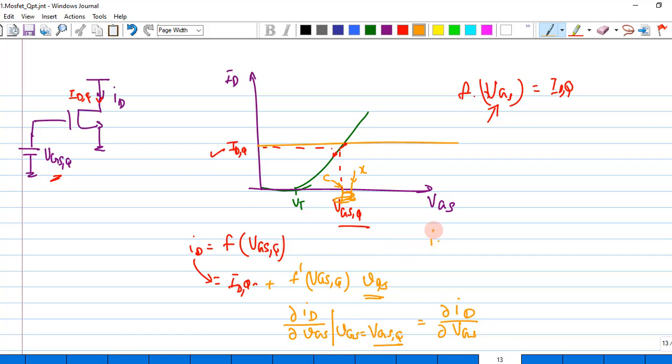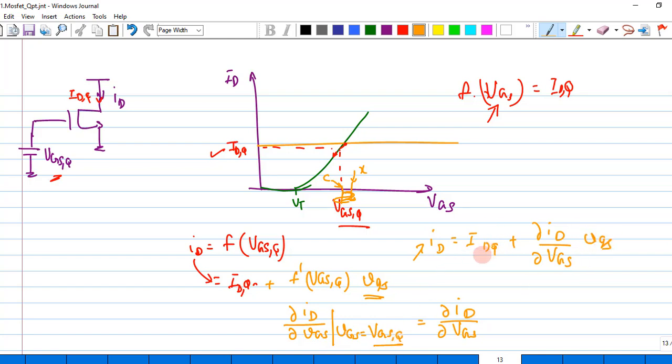So in general, the composite signal could be written as this quantity, which is the IDQ, plus, sorry, I have mixed the term. Is that clear?